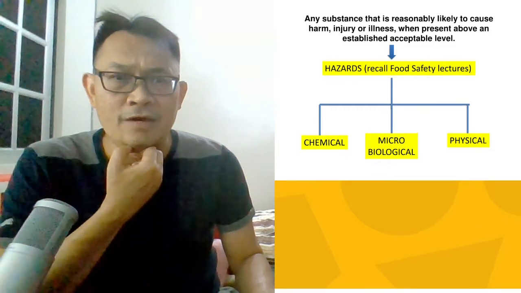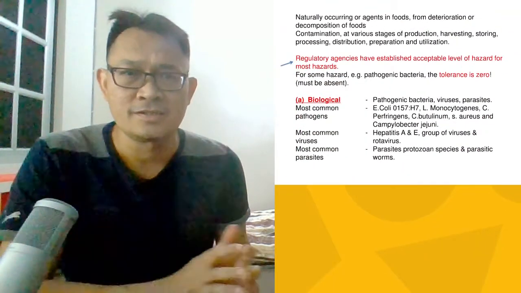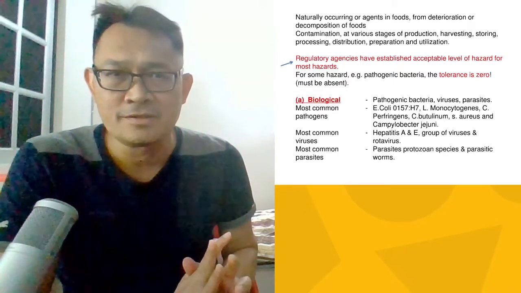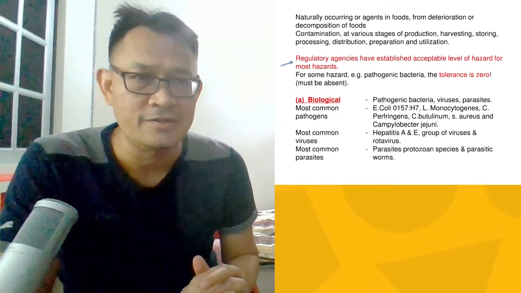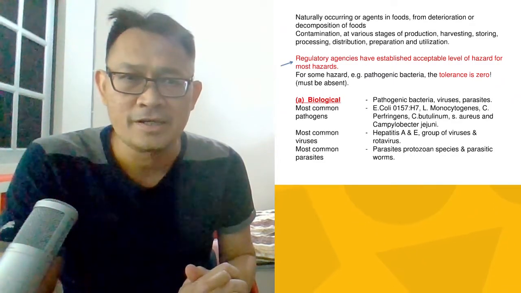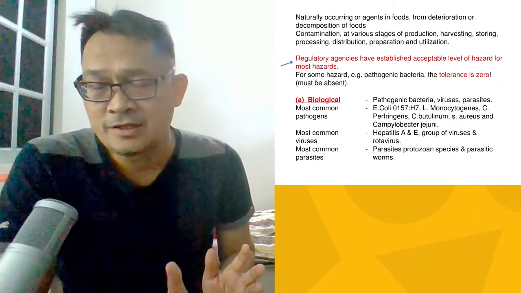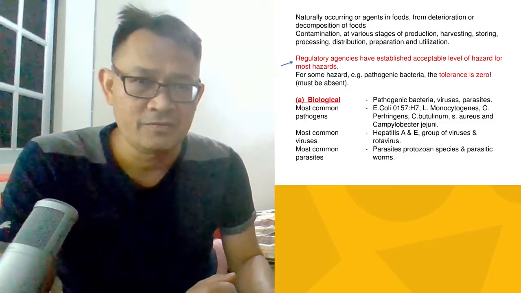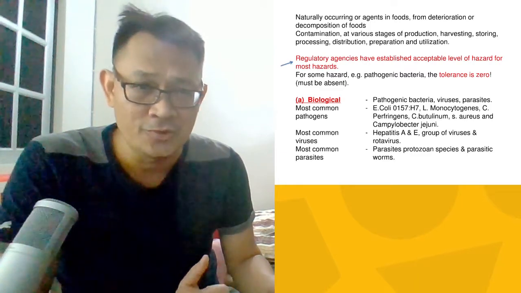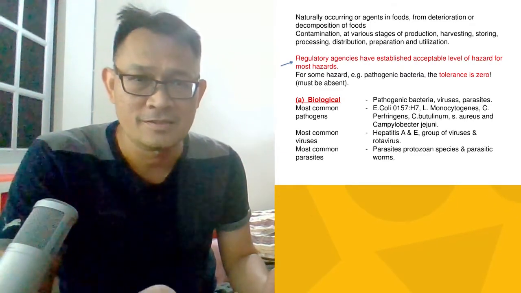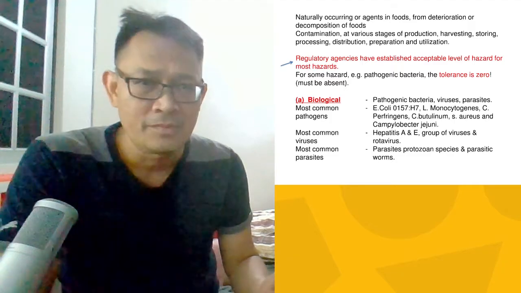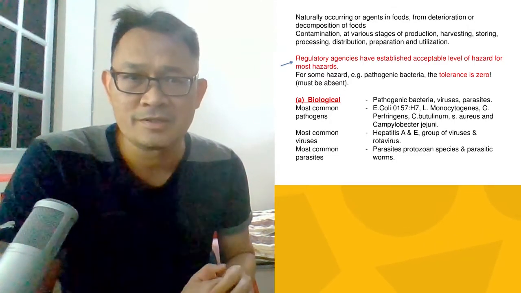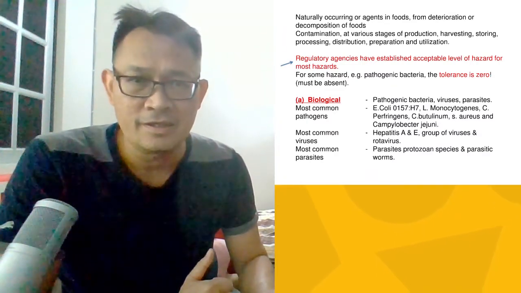So we're gonna have a look here at the first type of hazard, called biological hazards. So anything to do with pathogenic bacteria, viruses and parasites. And if you study hazards, these particular bacteria, E. coli O157:H7, L. monocytogenes, certain C. perfringens, botulinum and Staph aureus and Campylobacter jejuni are the most common pathogens, and some viruses and some parasites.